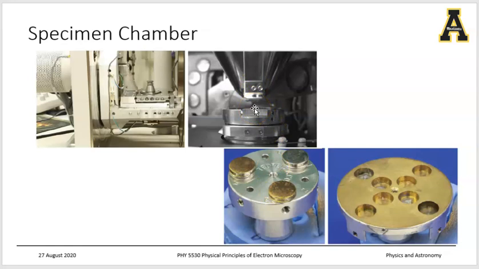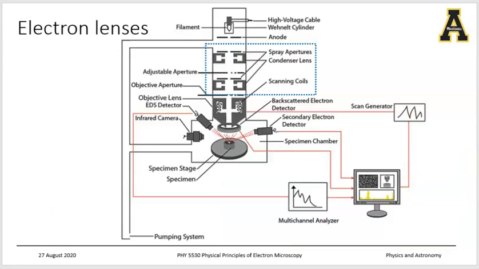Okay, so at this point we have gone from the electron generation all the way to the electron falling on your sample, right? So this was pretty much an engineering discussion so far, with some fundamentals of physics that went into the development of the engineering equipment.